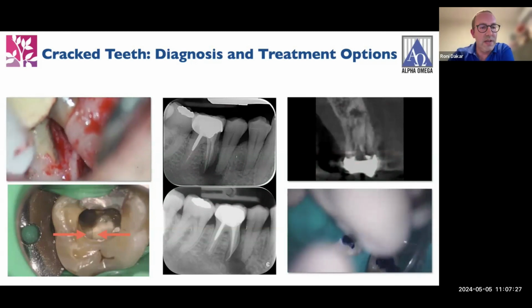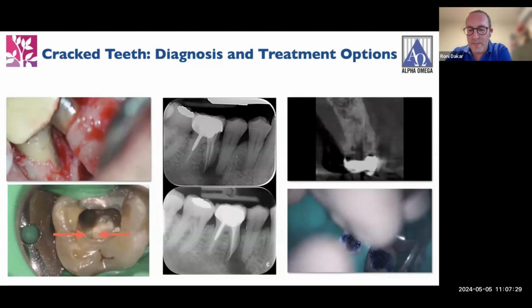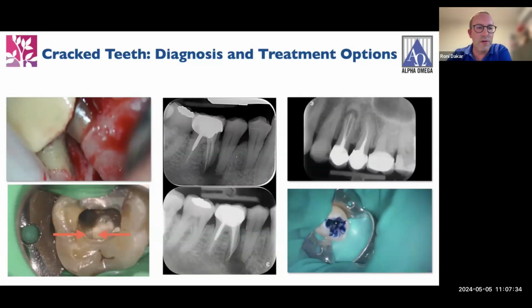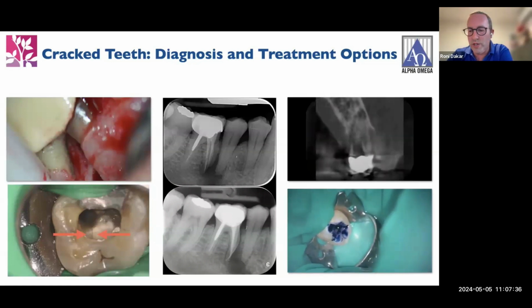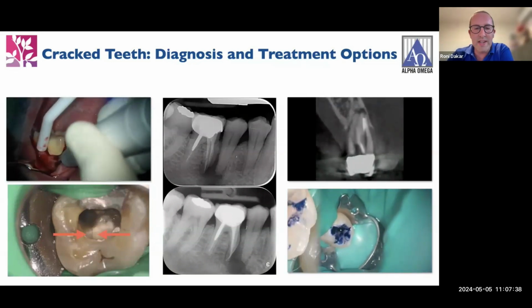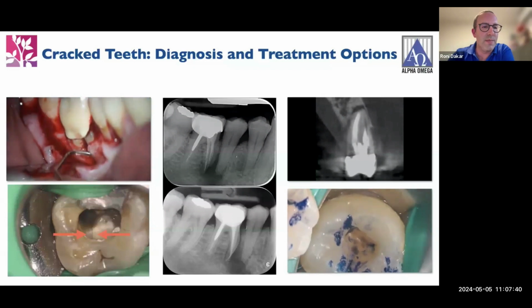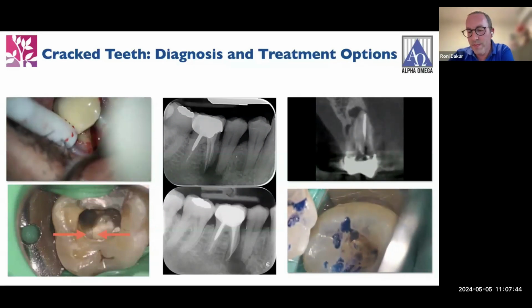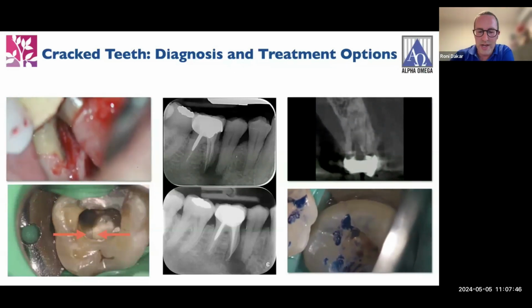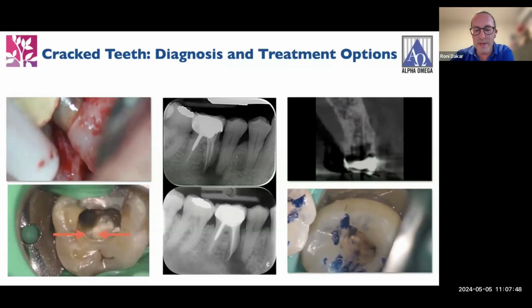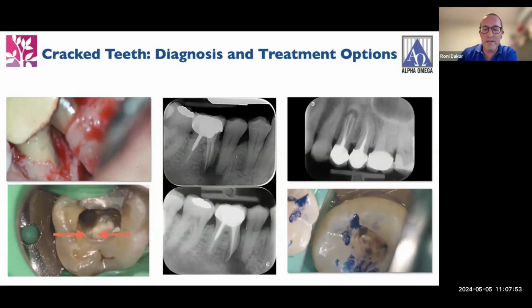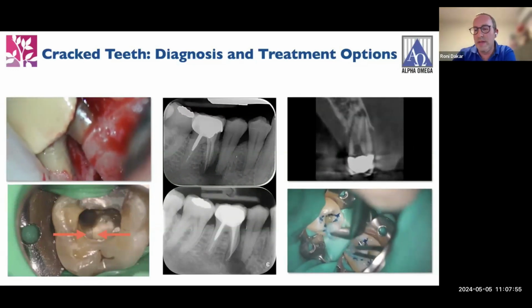On the top left, you can see a surgical exploration of a lower mandibular first molar, which ended with diagnosing a vertical root fracture on the mesial aspect of the distal root of the molar, and eventually extraction. Below it, there's a coronal crack penetrating one of the canals discovered during a root canal treatment.